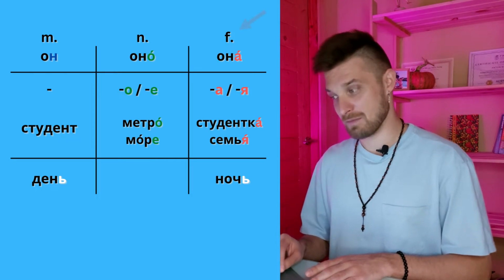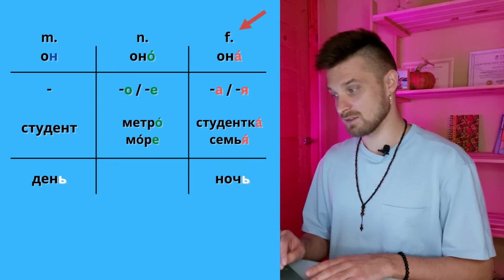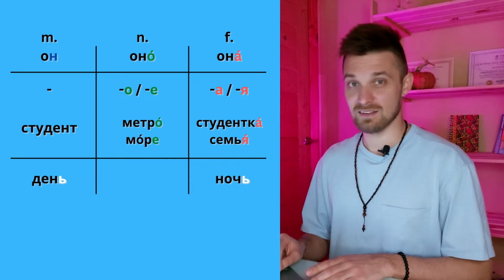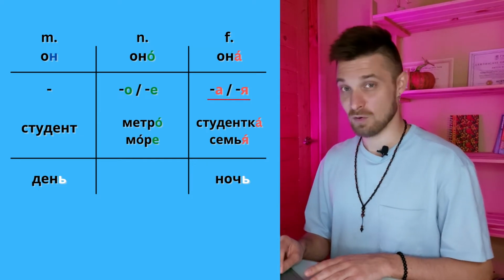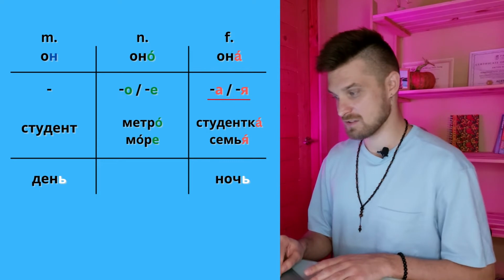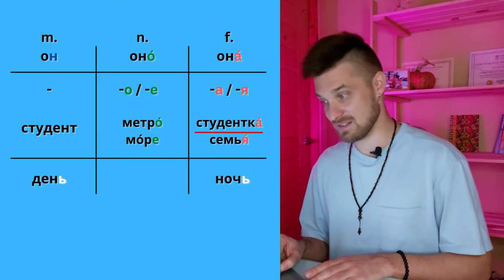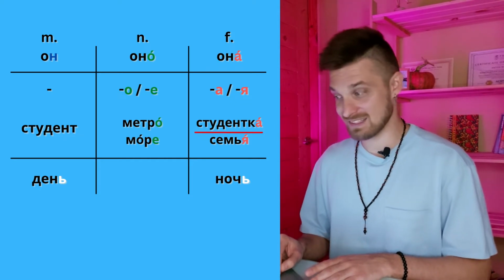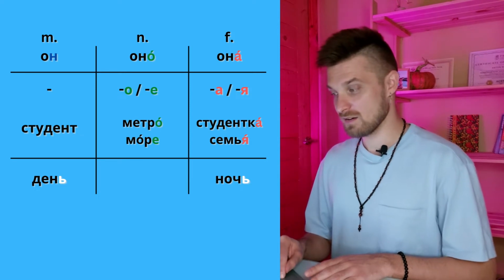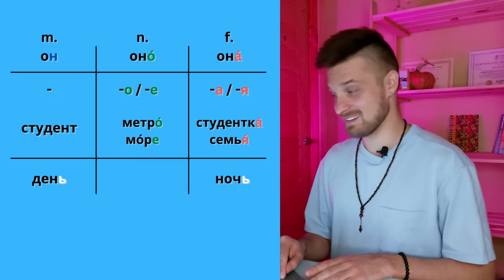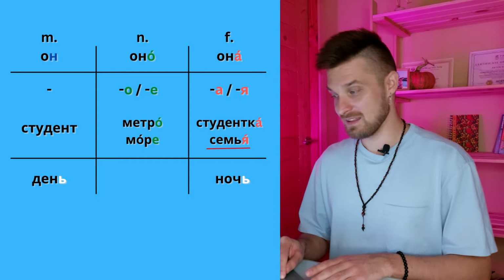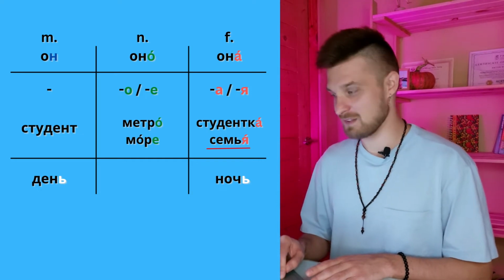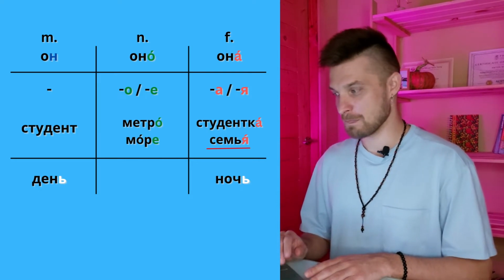The next one, feminine. Feminine nouns end with a or ya. For example, studentka is like a female student. Or семья. Семья, yes, ye is unstressed here also.